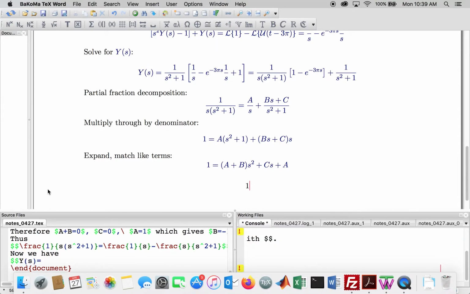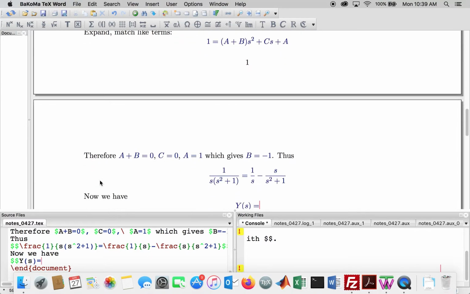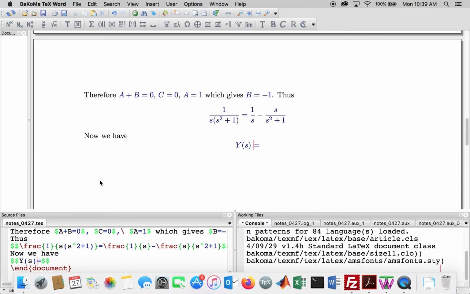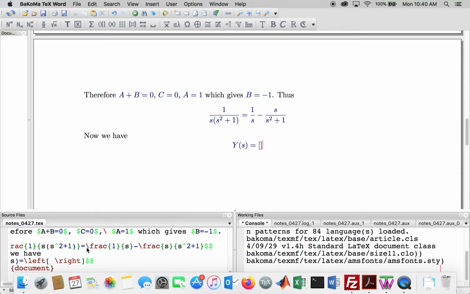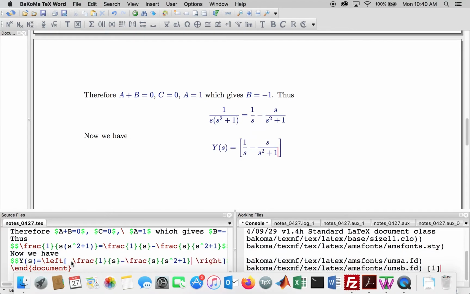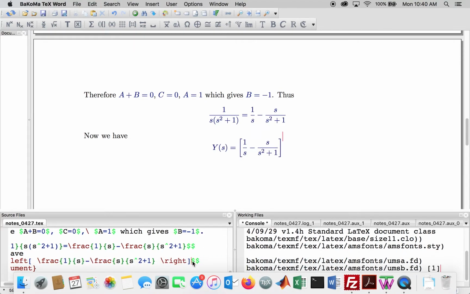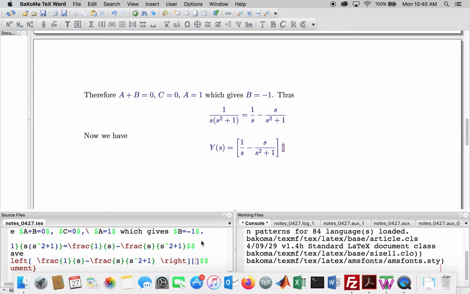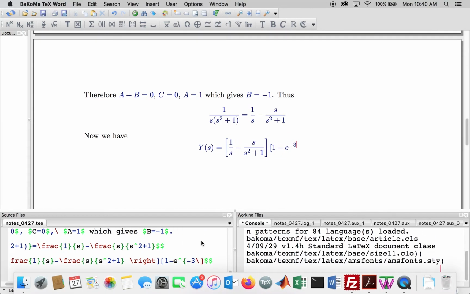Y of s is equal to, so we have this decomposition here, which I'll just copy down here, times 1 minus e to the minus 3 pi s.